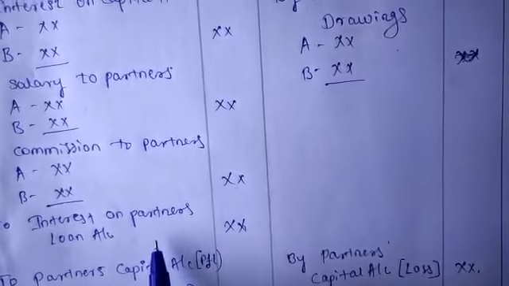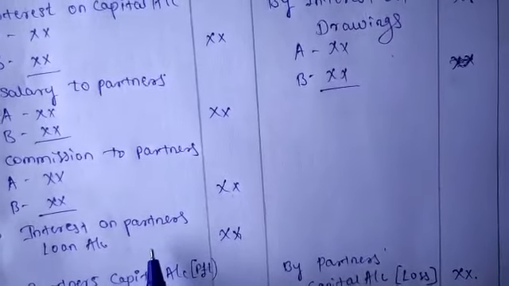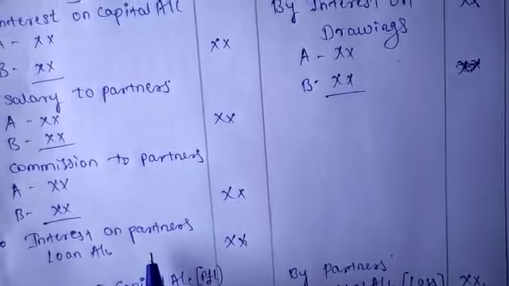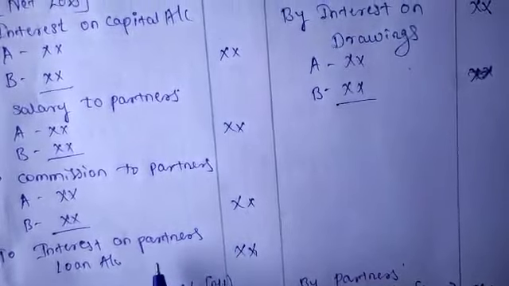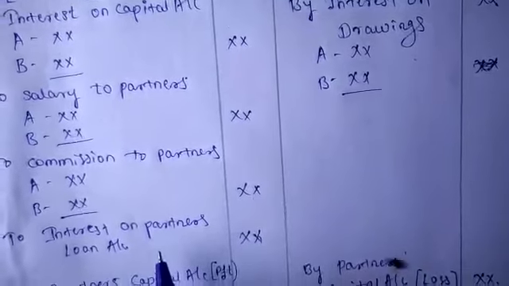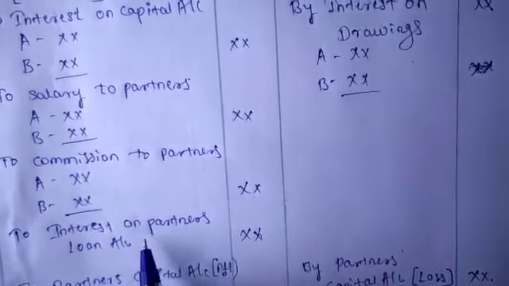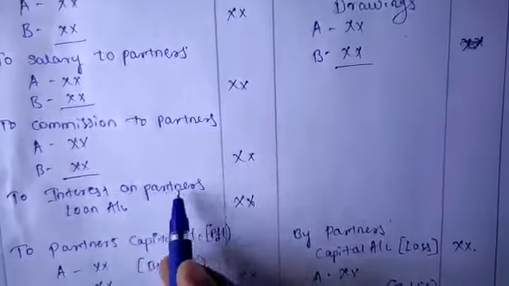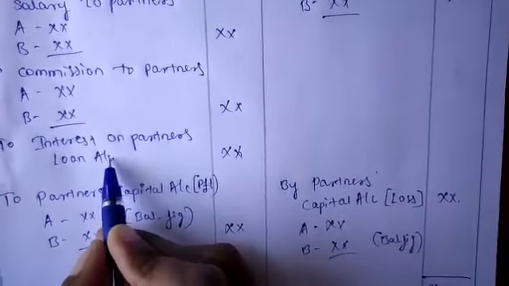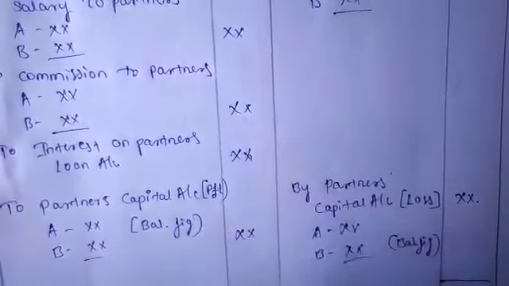It is compulsory. When the problem does not give the rate of interest on the partners' loan, you still have to pay interest at 6% per annum. So interest on partners' loan is also an expense, and the amount is taken here.